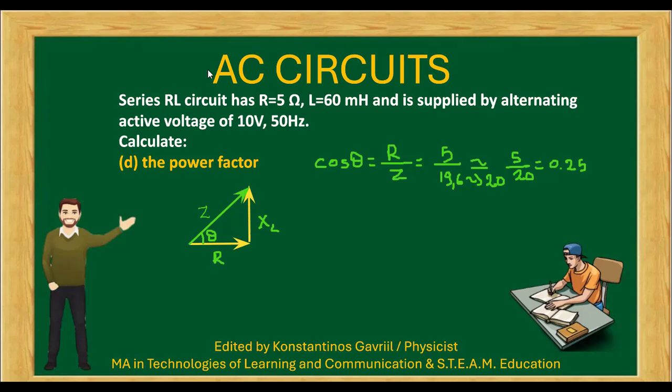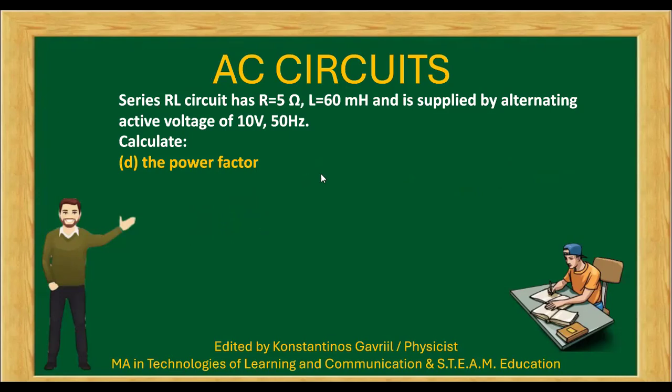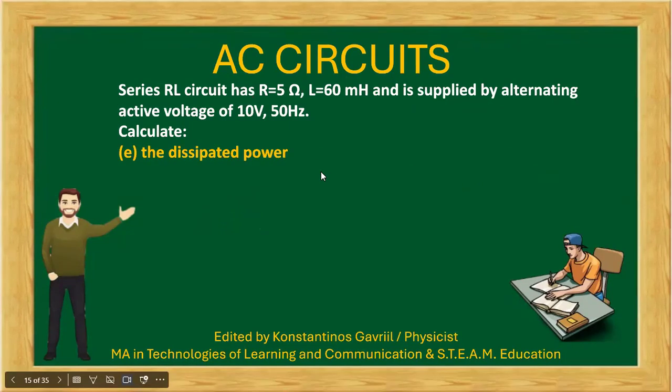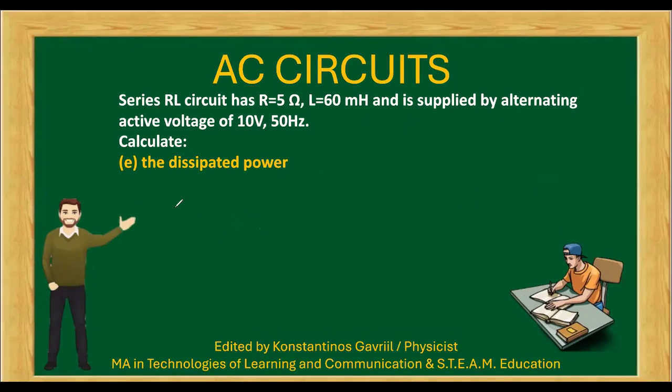Clear this board and continue to E, the dissipated power. The dissipated power is the true power. The dissipated power is the P of R, of the resistor. And we can write it just P, which is equal to VRMS times IRMS times cos theta.